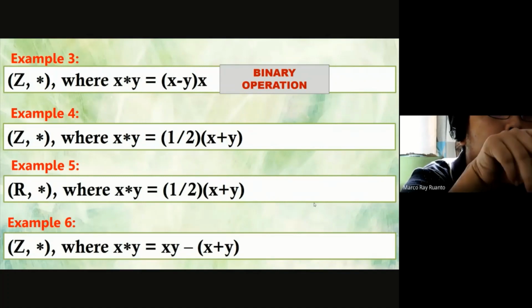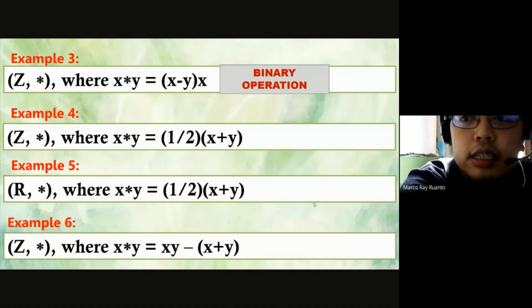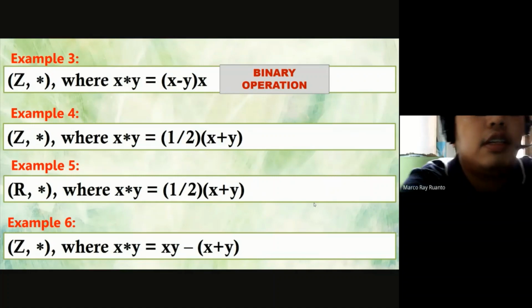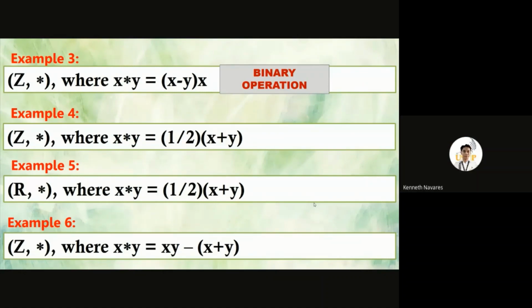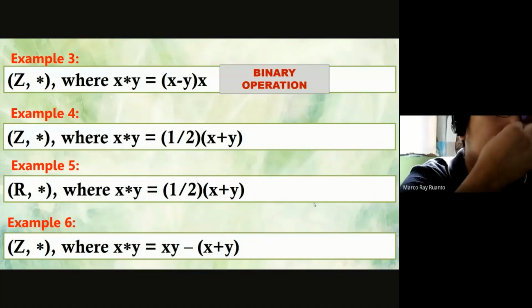So 1 plus 2 is 3. Then 3 times 1/2 is 1.5, or 3 halves.